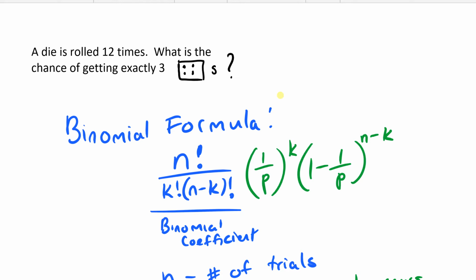The number of trials, n, is fixed at 12. We roll the die 12 times, no more. The probability of the event occurring of getting a 4 is 1 out of 6. This isn't going to change no matter how many times we roll a die.